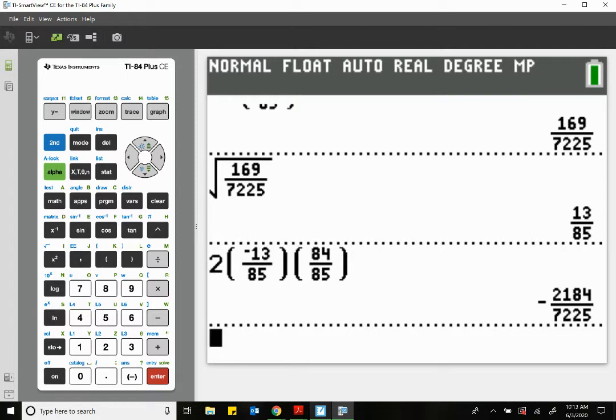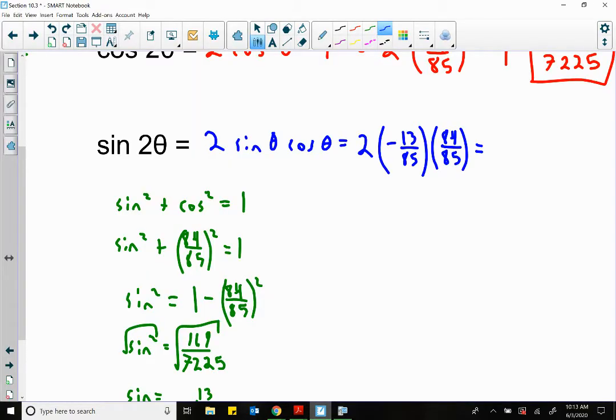Negative 2,184 over 7,225. And there you go. See, nothing crazy, just a little plug and chug.